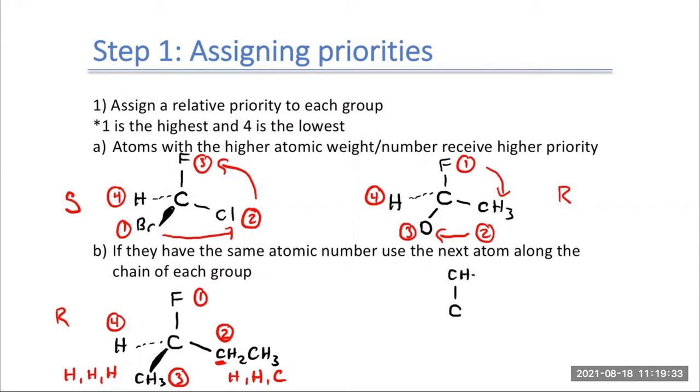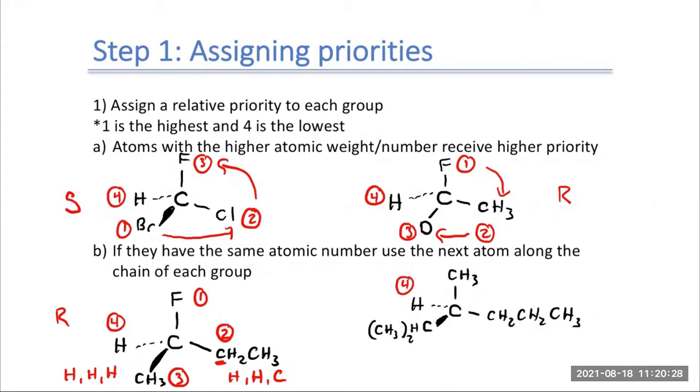It's attached to a methyl, a propyl, an isopropyl, and a hydrogen. So when we're looking at this, we know right away the hydrogen is going to be our lowest priority. Let's get that one out of the way.